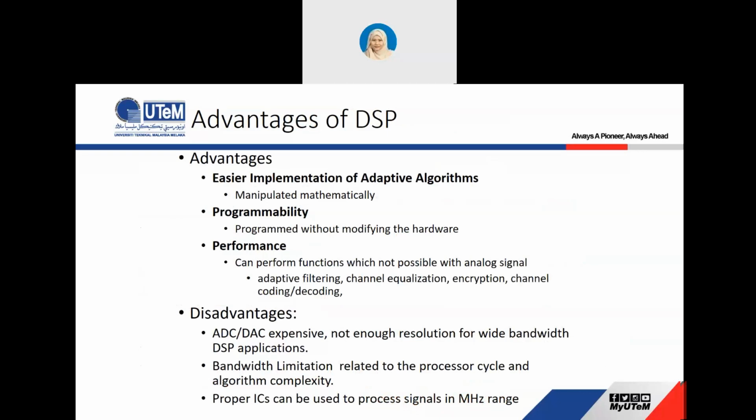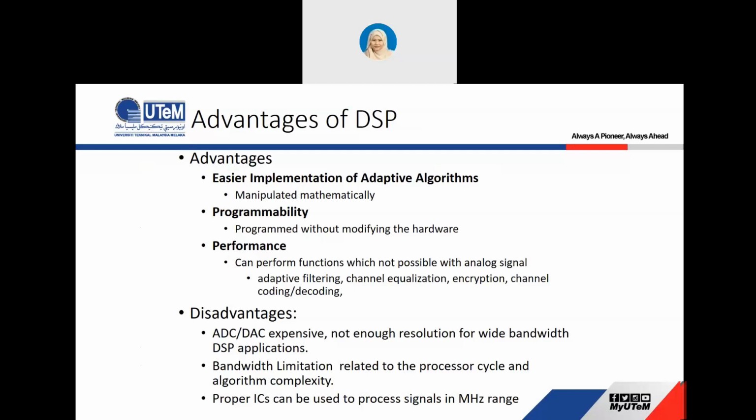Other advantages: easier implementation of adaptive algorithms. It is programmability. You can program it again and again without modifying the hardware. And then it can perform functions which are not possible in analog signals. You can upgrade the performance by reprogramming it without modifying the hardware. But in analog, you need to design it over again.